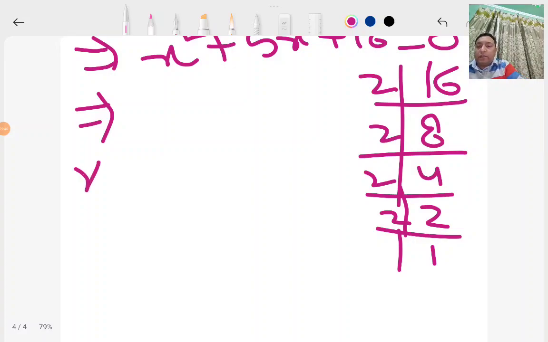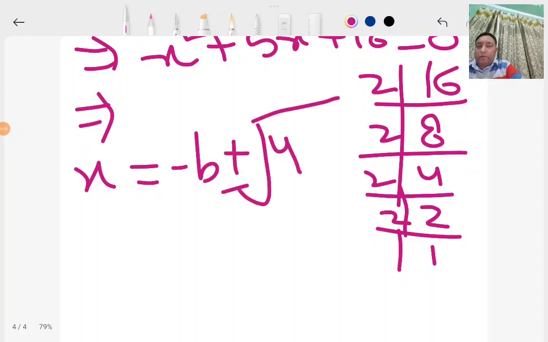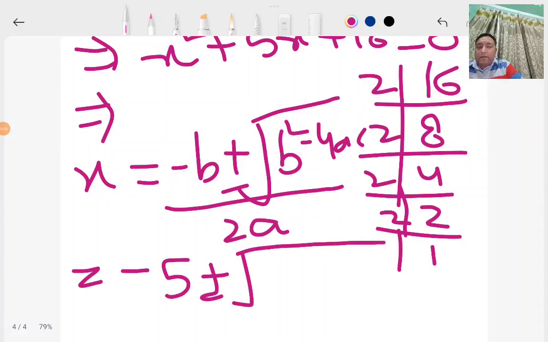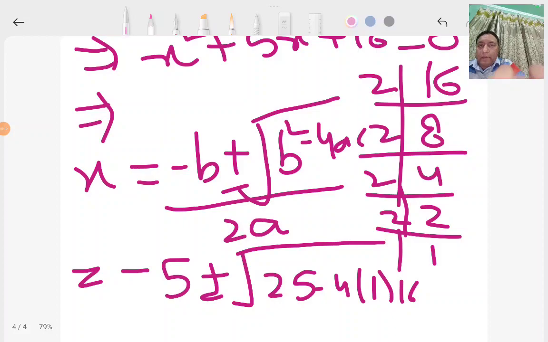We have to use the quadratic formula: x is equal to minus b plus minus the square root of b squared minus 4ac, upon 2a. So we are going to get minus 5 plus minus the square root of 25 minus 4 into 1 into 16, upon 2. Let's erase this one so that there will be no confusion.